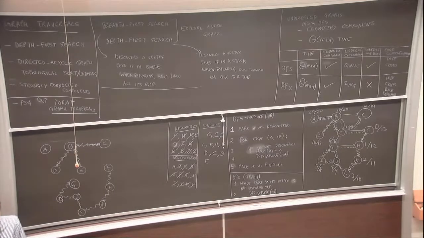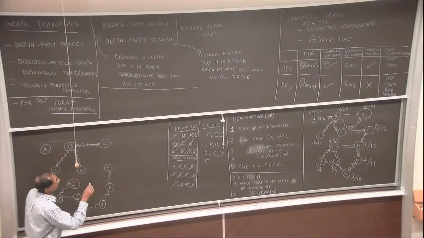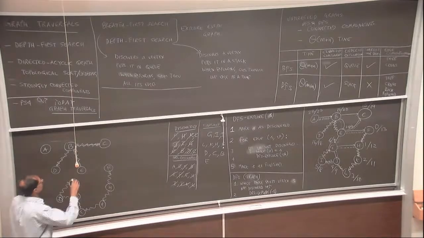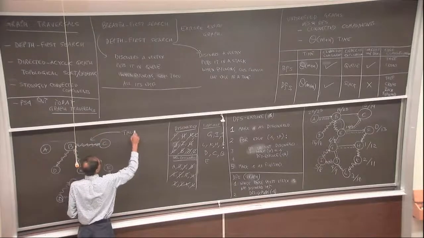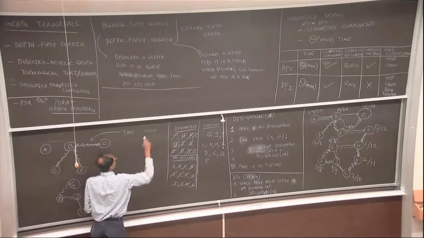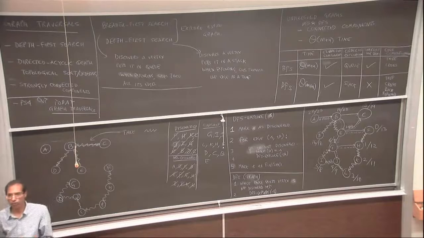No matter which order we selected the vertices, we will have some good properties that come out. So in this DFS traversal, these edges are referred to as tree edges. The squiggly edges are the tree edges. These are the edges that go from a parent to a child.